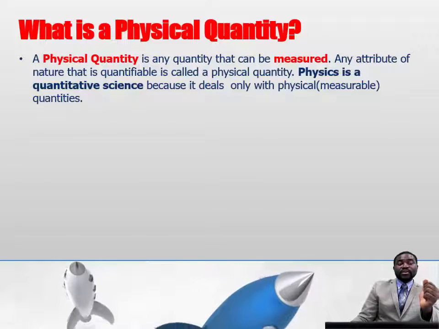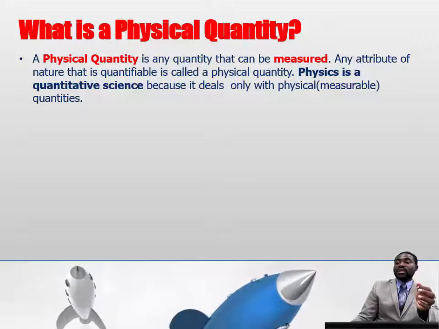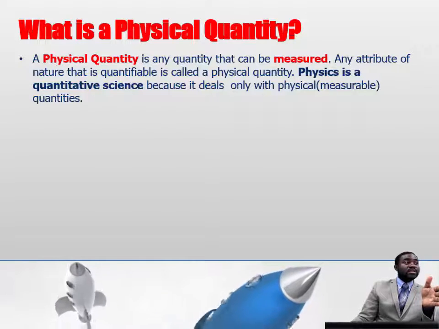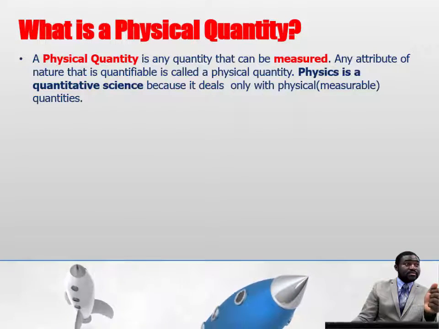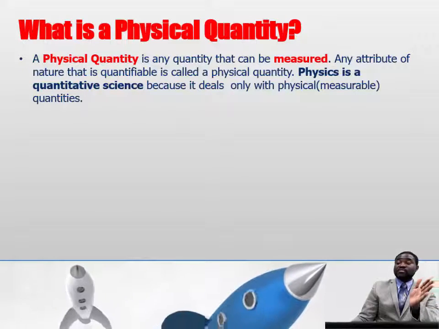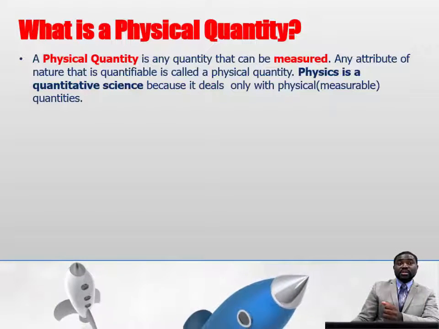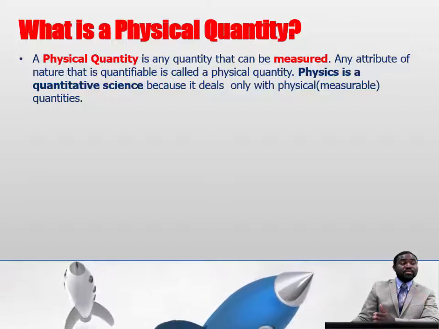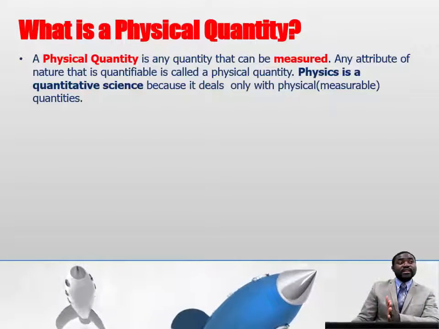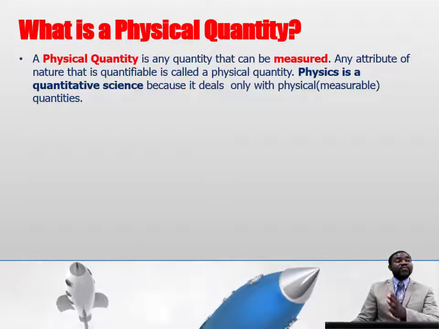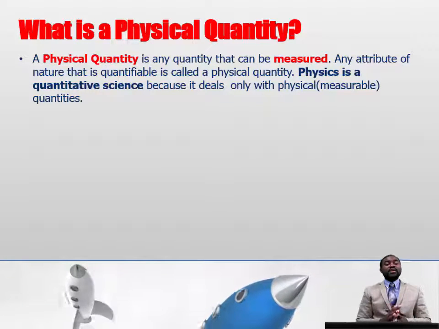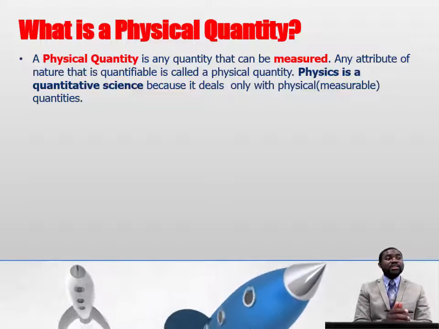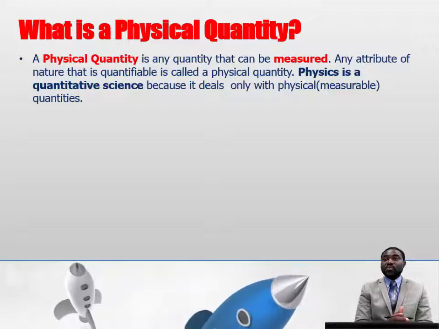It's empirical in the sense that it relies on observation and experimentation. In order for us to experiment, we have to measure. In other words, experimentation implies measurement, and any attribute of nature that can be measured is a physical quantity.